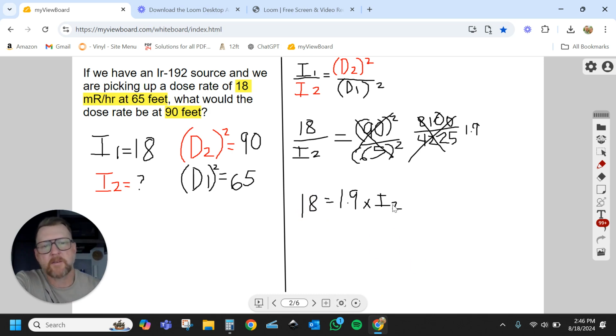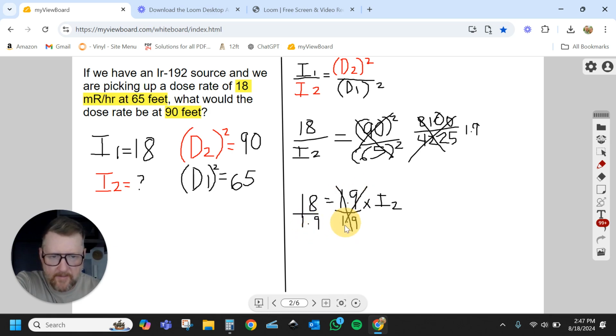We still don't have I2 by itself, but it's got to be by itself. So in order to get rid of this 1.9, we just divide by 1.9. Since this is 1.9 times I2, we just always do the opposite of whatever it says to get rid of it.